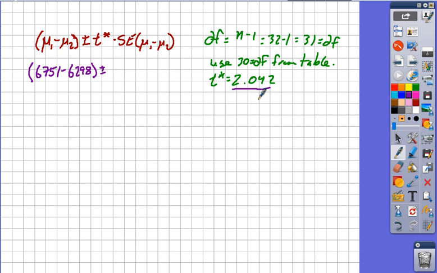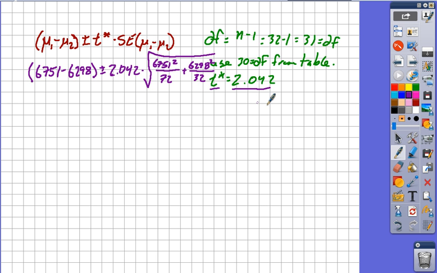That's our t star value. We're going to put it right there. 2.042 times the standard error. We calculated this before. Let's go ahead and rewrite it again. We're going to do 6,751 squared divided by 72, the sample size, plus 6,298 squared divided by its sample size of 32.